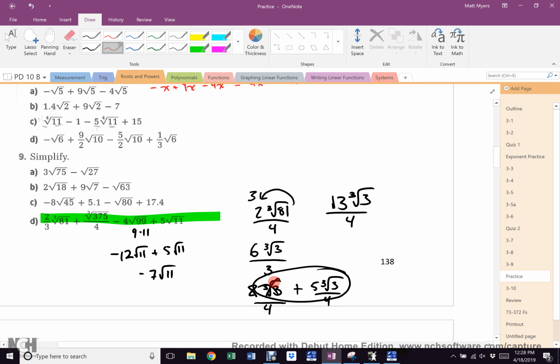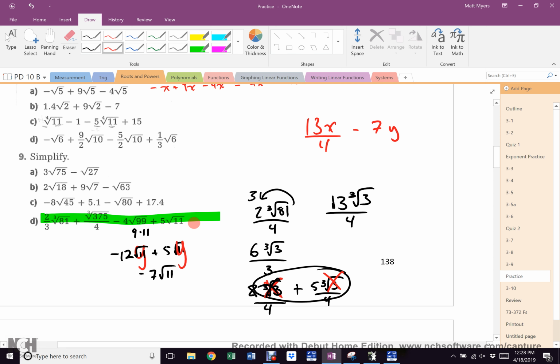Now, let's pretend this was x. Shoot, that should have been a different color. X. What would this be? X. Are these the same? So what are they? Y and Y. And if this was grade 9, and I had 13x over 4, and then minus 7y, I couldn't put them together because they're different variables.